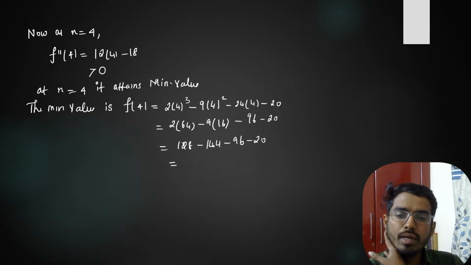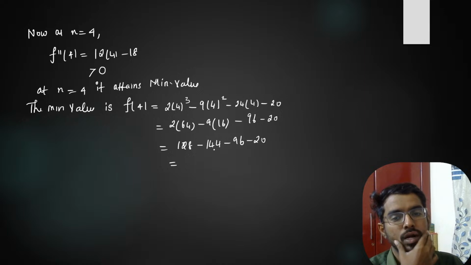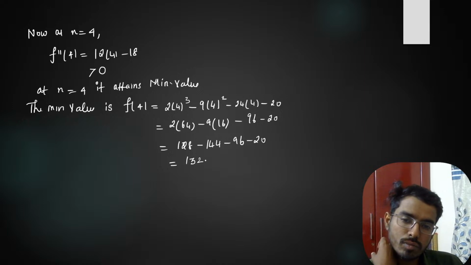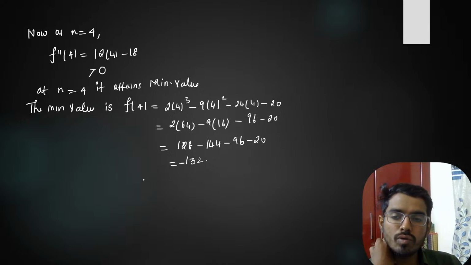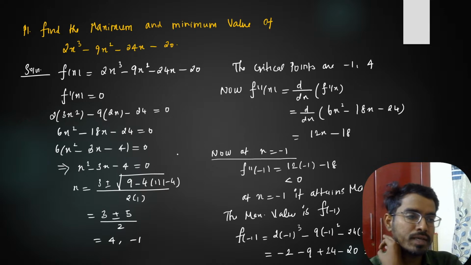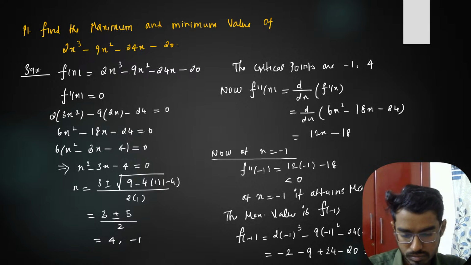So 128 minus 144 minus 96 minus 20 is minus 132. So minus 132 is our minimum value, and the maximum value is minus 7. Right?